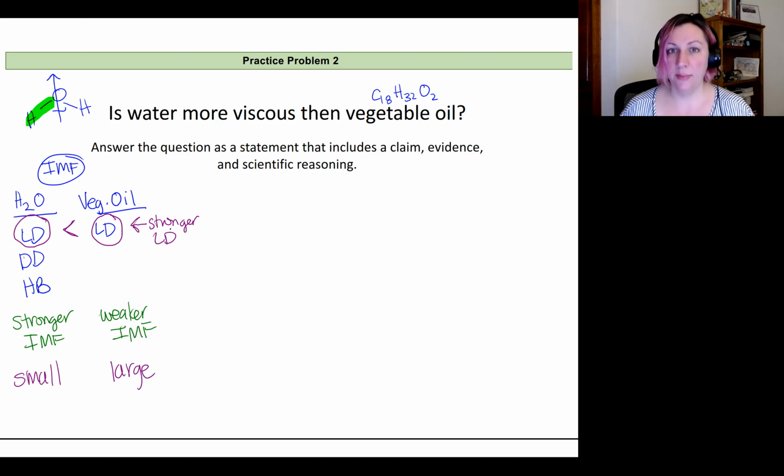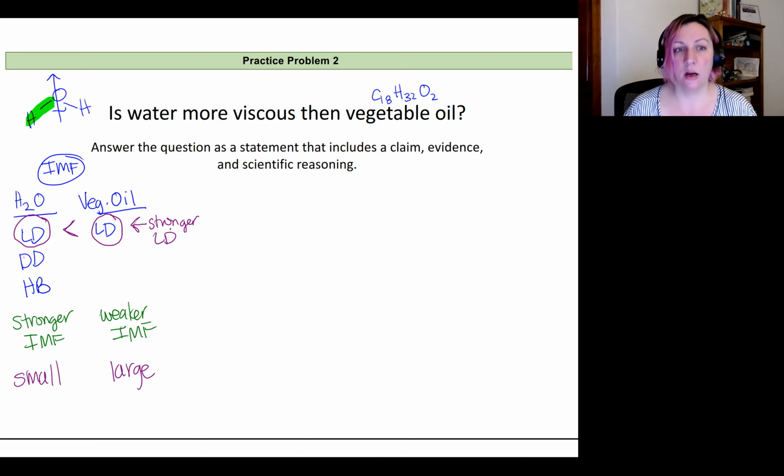So we're not comparing 2 molecules that are the same size, which we've been doing previously when we were saying, well, this one will have a higher or lower boiling point or surface tension based on the intermolecular forces. So you can structure your statement about this in one of 2 ways. You can either make the argument that water will be more viscous because it has more different types of intermolecular forces, including hydrogen bonding that's very strong.